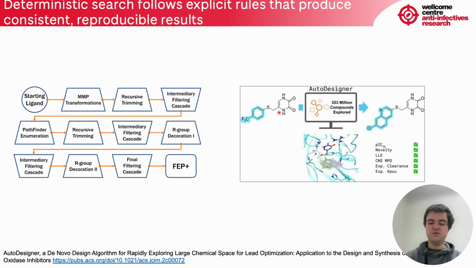One of the key things with any form of deterministic search and rule-based approaches is that we're often generating many millions of molecules as we're repeatedly applying enumeration strategies. So we can see here that we are generating, in this case, 353 million compounds using the Auto Designer type approach. However, the nice thing is that, given the same starting ligand, we will always get to the same pool at the end.